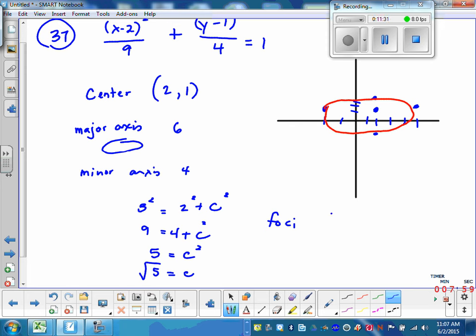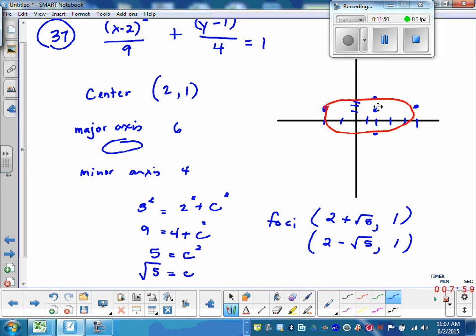So the foci, or the focus points, are going to be 2 plus the square root of 5 as one ordered pair, and it's going to be along that y equals 1 line. And the other one is going to be 2 minus the square root of 5. And that's still going to be along that 1 line.